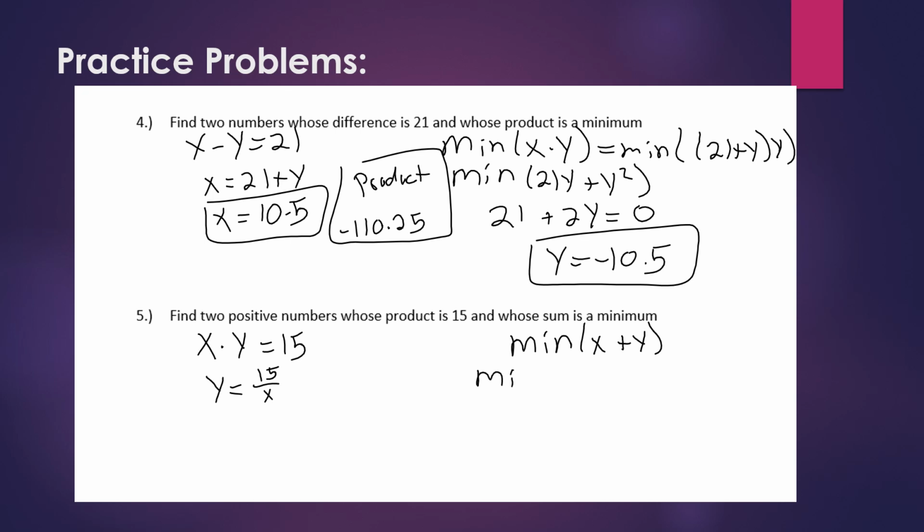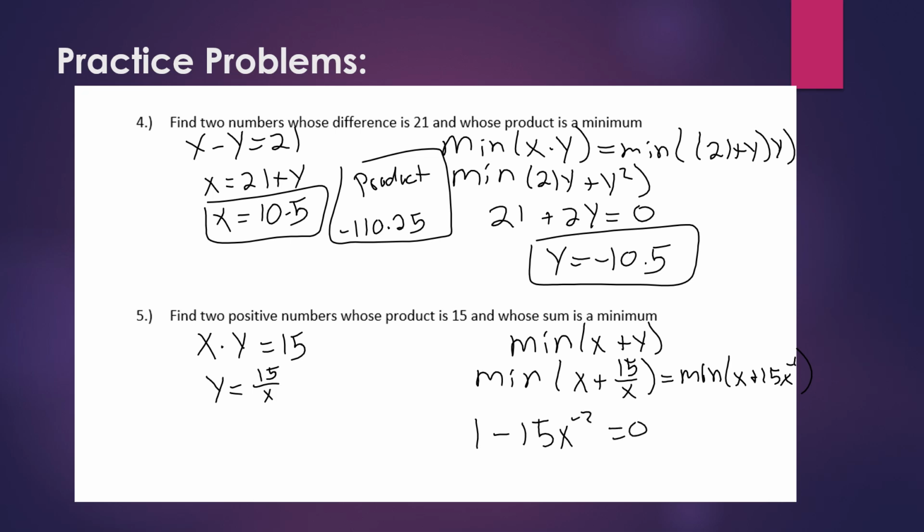So we're trying to minimize x plus 15 over x, which really means that we're trying to minimize x plus 15x to the negative 1. So I need to take the derivative. The derivative of x is 1. The derivative of 15x to the negative 1 is going to be minus 15x to the negative 2.